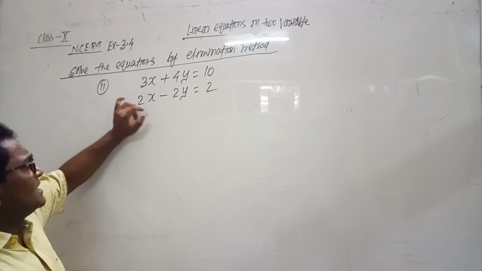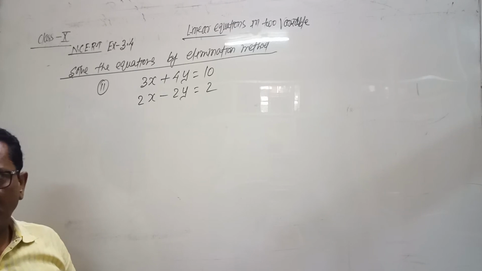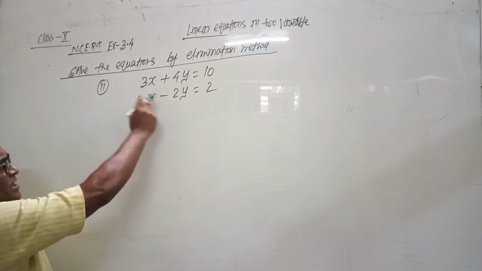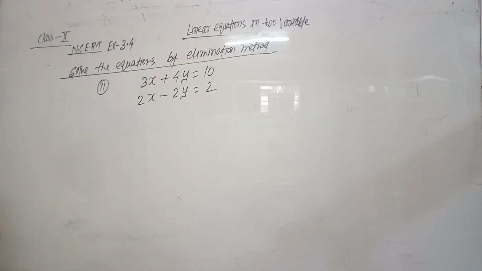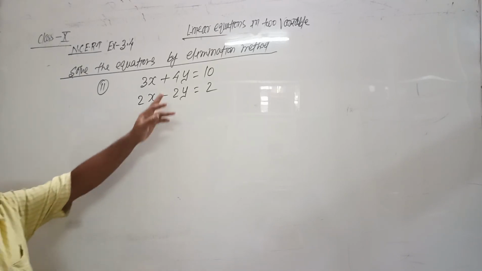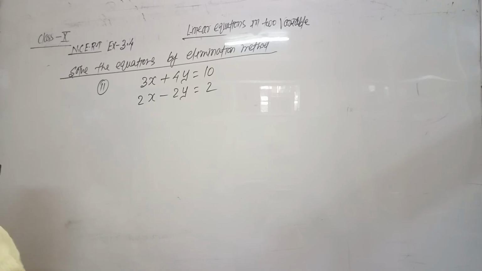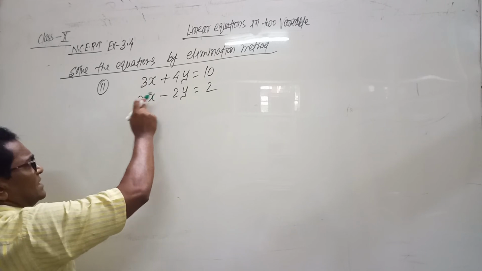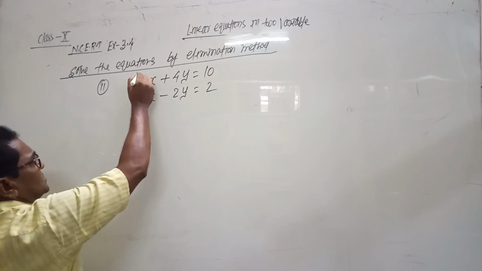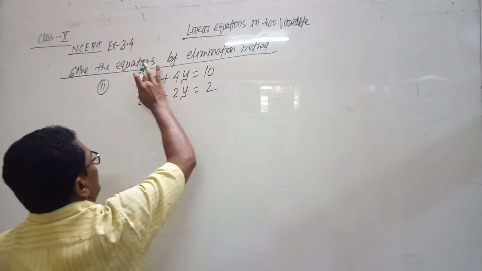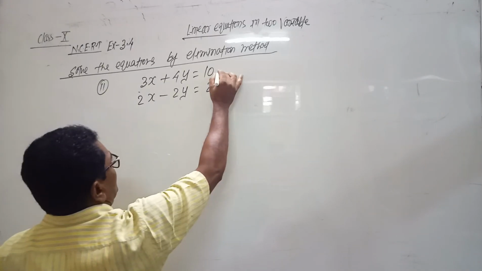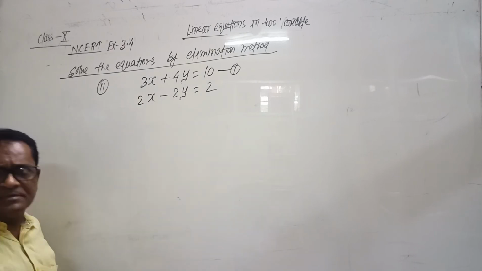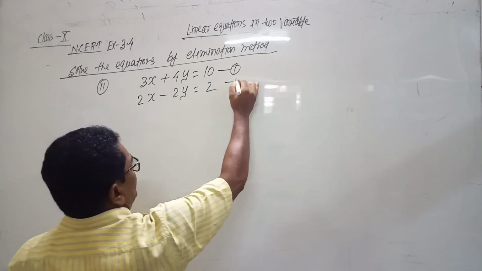We have to make the coefficient equal either x or either y. या तो दोनों इक्वेशन के x का कोफिशिएंट इक्वल कीजिए या दोनों इक्वेशन के y का कोफिशिएंट इक्वल कीजिए। तो इसके लिए यहाँ x की कोफिशिएंट 3 है, यहाँ x की कोफिशिएंट 2 है। तो फर्स्ट इक्वेशन को we multiply the equation first by the coefficient of x in equation number second.